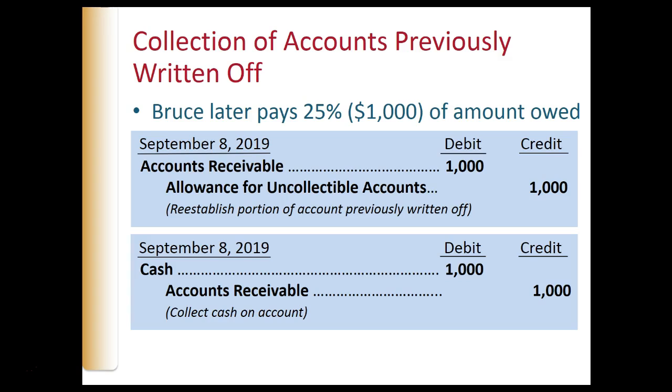We debit cash and we credit accounts receivable. Note that in both entries, the debit entry increases total assets by the same amount that the credit entry decreases total assets. So collecting cash on an account previously written off has no effect on total assets, and it has no effect on net income.